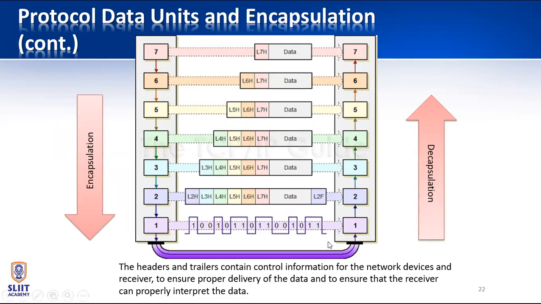For example, when you send the binary pattern to layer 2, it will read the header and the frame trailer, and it will remove them from the data portion and send the packet to the next layer. So only layer 3 will receive data and the other control information up to the layer 3 network header.